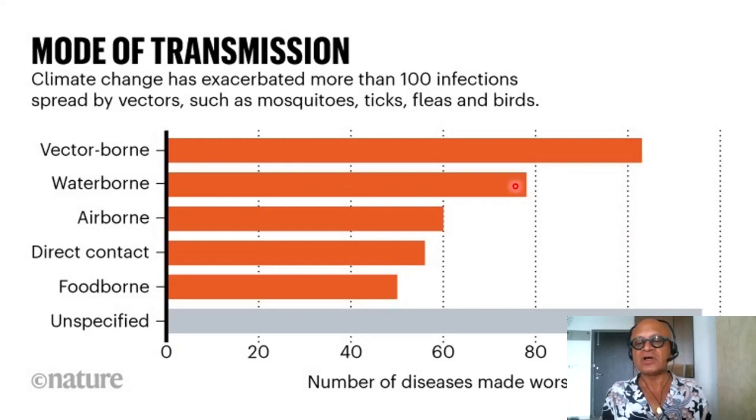Waterborne diseases, almost 90, or 75, 80. Airborne, 60. Direct contact, obviously made worse by climate change, is almost 55 to 60. Foodborne diseases, about 50, and unspecified, so number of diseases made worse but mode of transmission not known, is more than every other form of transmission here as well.